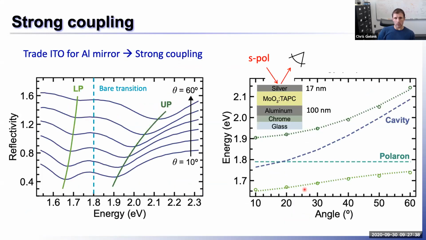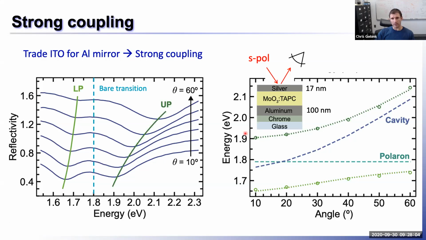When we go to a microcavity, this is now the same basic structure. What we've done is we kept the same moly oxide TAPC film, the same semi-transparent silver mirror, and replaced the ITO with 100 nanometers of aluminum. We confirm that we've got strong coupling in reflectivity. So in this case, we've got, I think it was, a 38% moly oxide film.